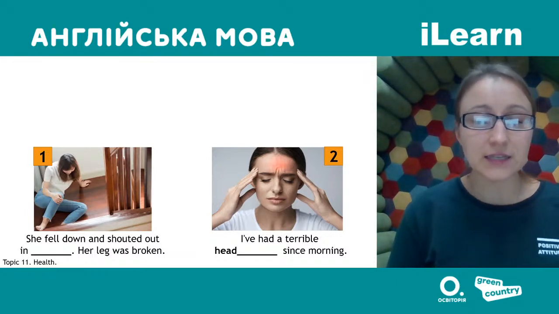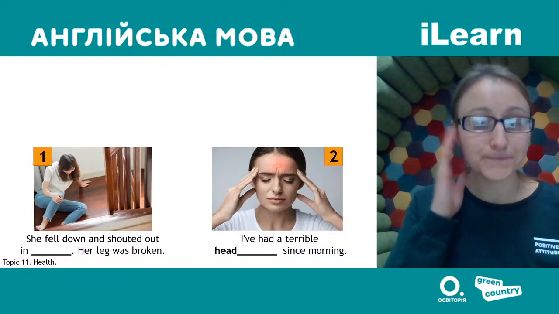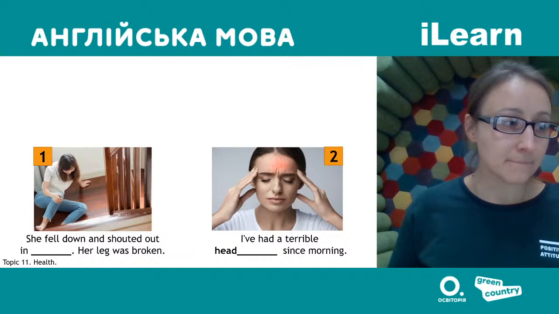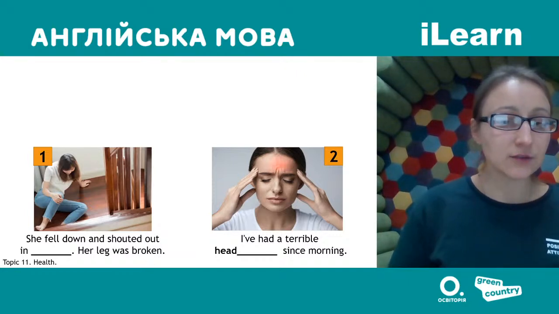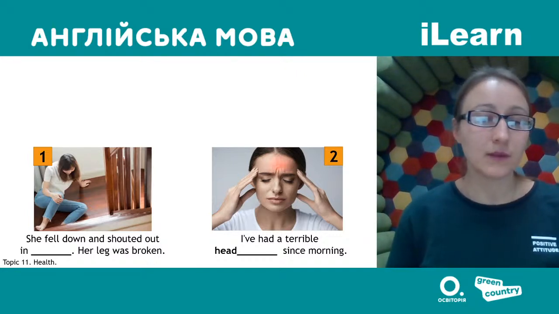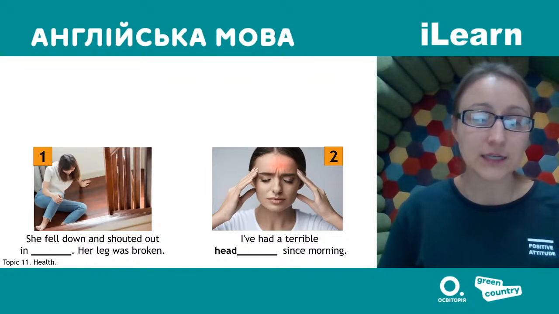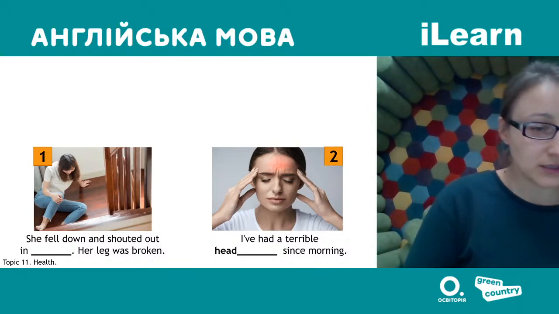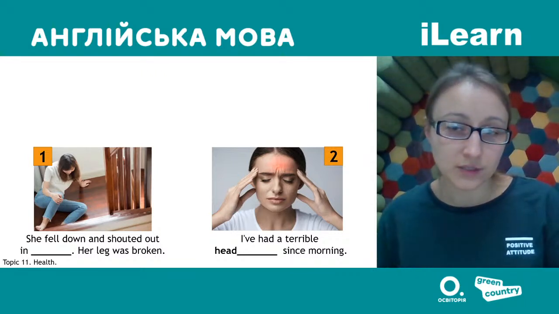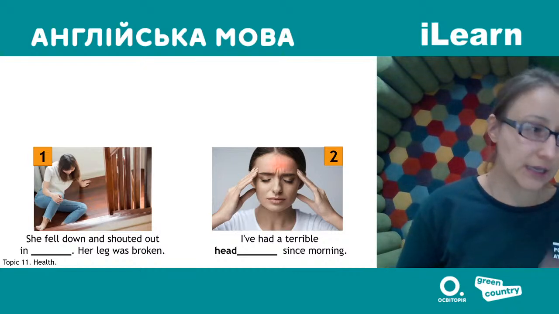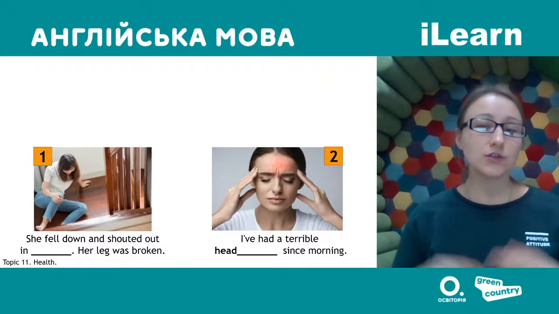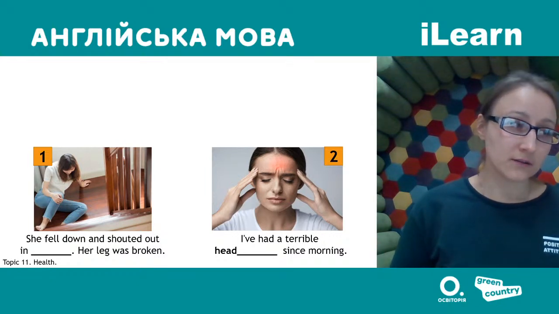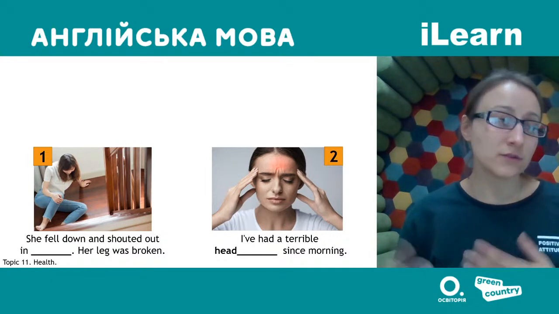I have had a terrible head since morning. So what would you put in number 1 and what would you put in number 2? A hint to you. Підказка. Це щось, якась біль. Да? Тобто там вона закричала, бо їй боляче було, і в другому випадку в неї болить голова.